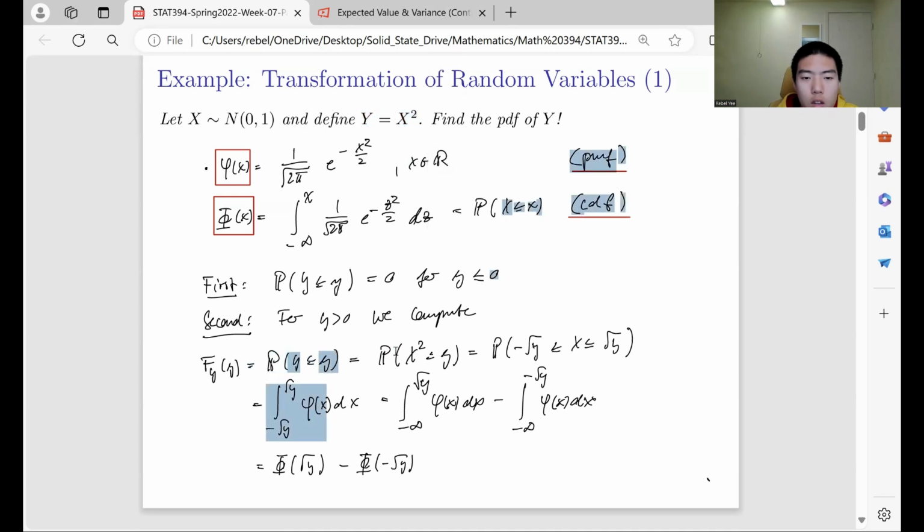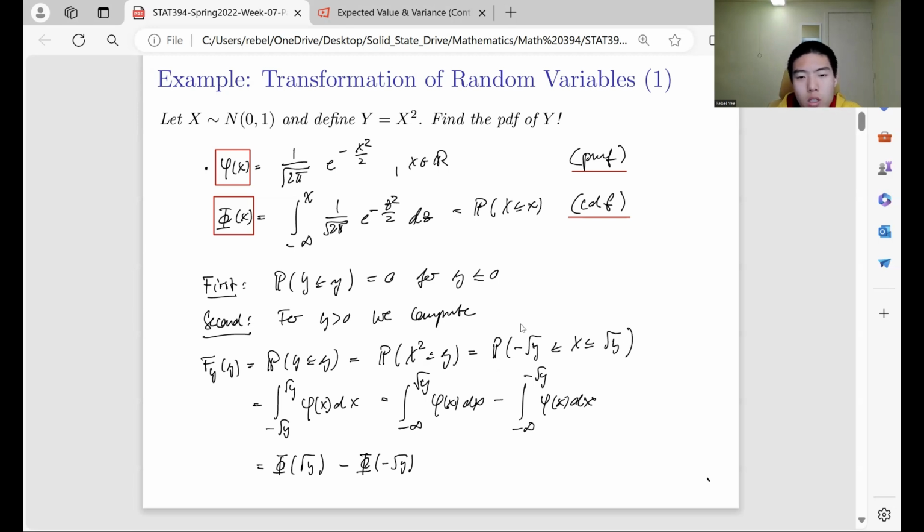We just change it from here to here. But in the next step, something interesting happens. We are actually solving this inequality to get rid of the square, so we take the square root. So it becomes negative root y smaller or equal to X smaller or equal to root y.